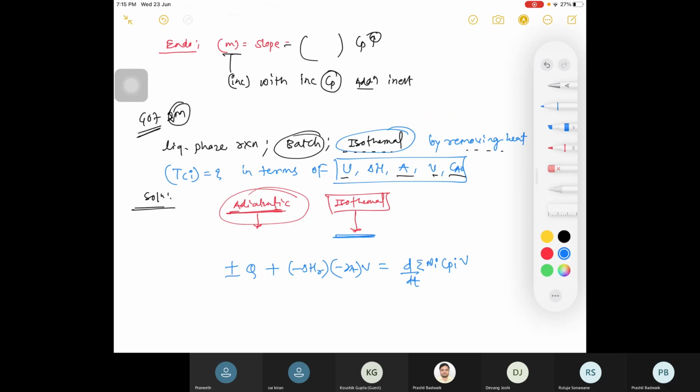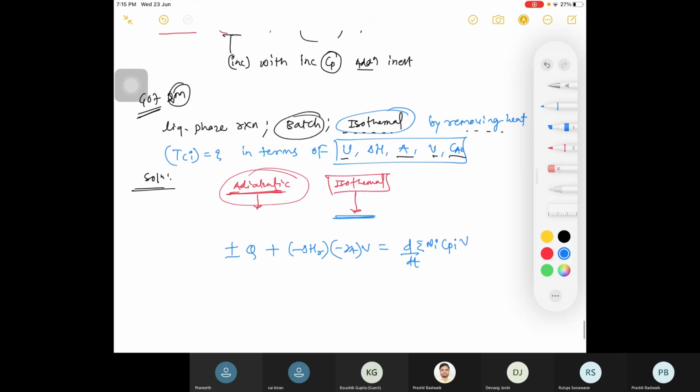Right? यही था इक्वेशन. Into temperature. Where? N_i C_pi into temperature. Okay, temperature, right. In case of density Cp, it is volume and it is your temperature.